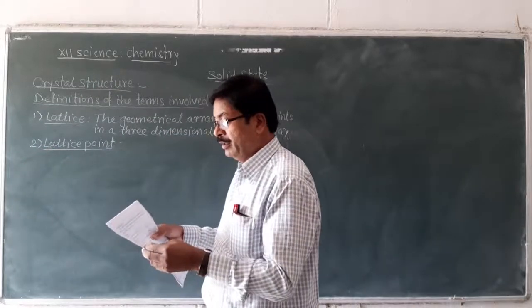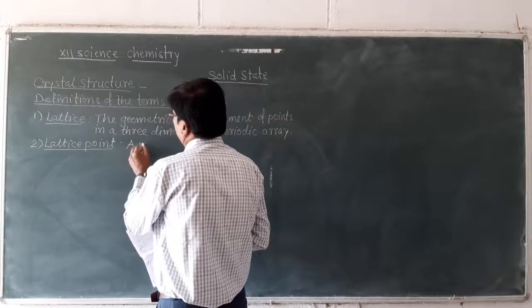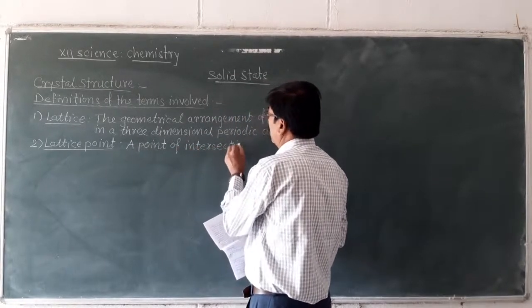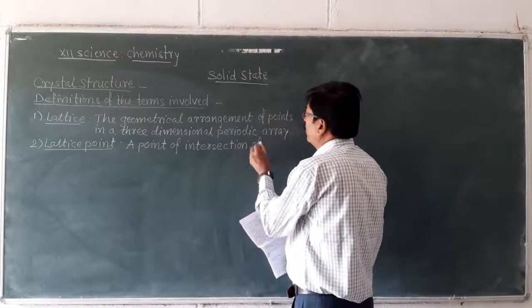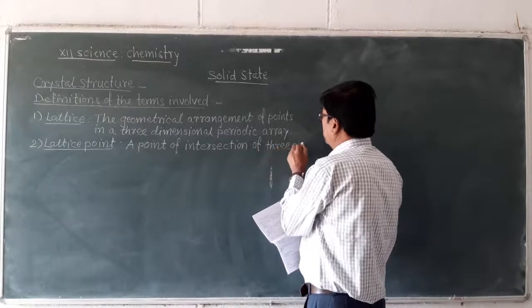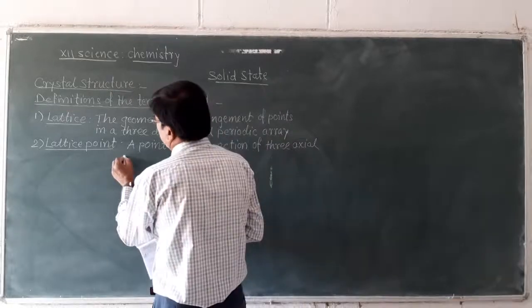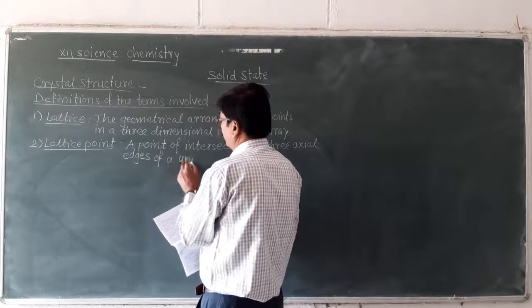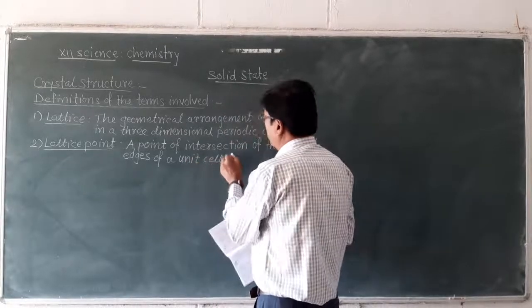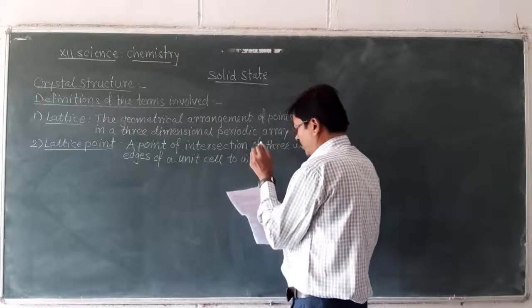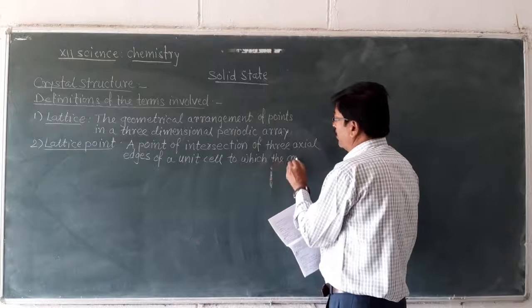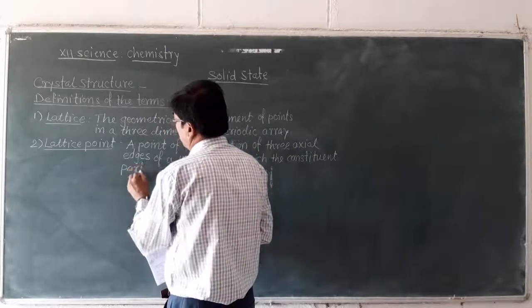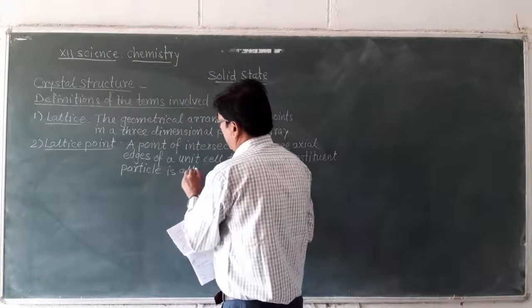What is lattice point? A point of intersection of three axial edges of a unit cell to which the constituent particle is attached.